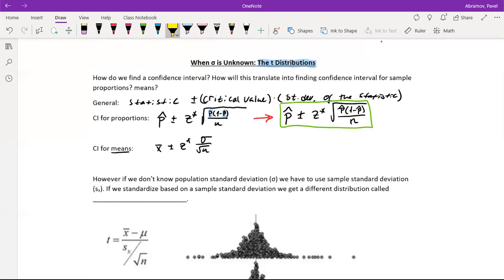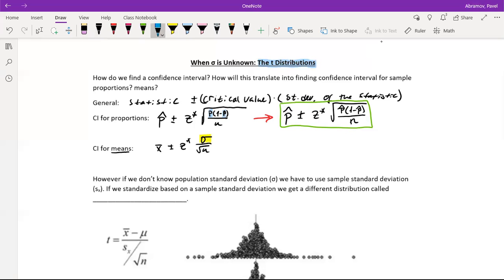However, there's another problem, similar to what we have with the proportions. We are talking about the standard deviation of the population. The problem is we don't generally know the standard deviation of a population, because if we know how to find the standard deviation of the population, then we know how to find the mean, and then we don't need the confidence interval.